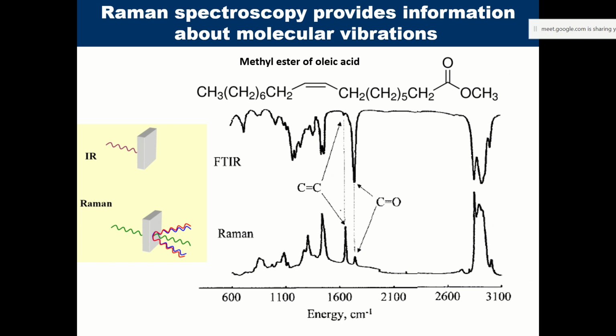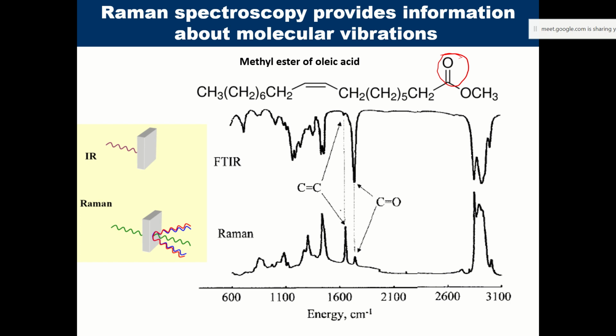The thing to be observed, you can very easily see, this is a methyl ester of oleic acid. Oleic acid has a carbon-carbon double bond in the middle of the structure, and it also has a carboxyl ester. So the COO ester group is here.